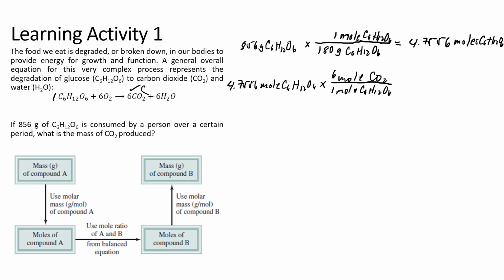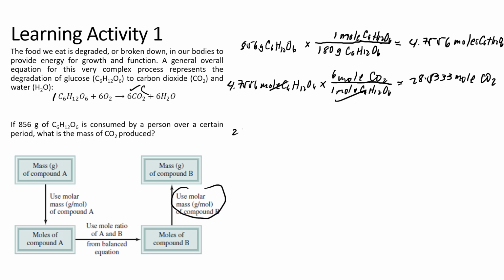Okay? And then, next thing to do, nakuha na natin ang moles ng carbon dioxide. So, ano yung moles niya? So, we times that by 6. So, we have 28.5333 moles of carbon dioxide. Okay? Ang tinatanong sa atin is mass of carbon dioxide. So, dito na tayo part. Okay?